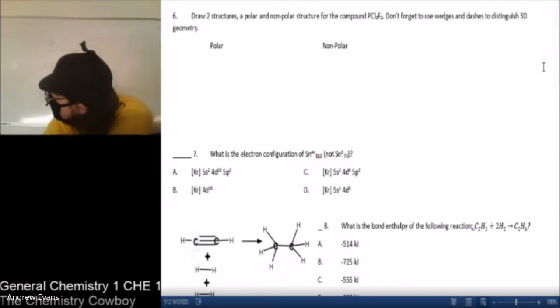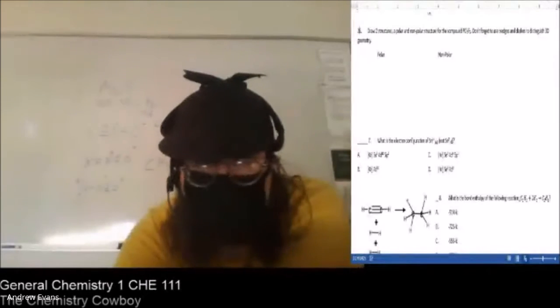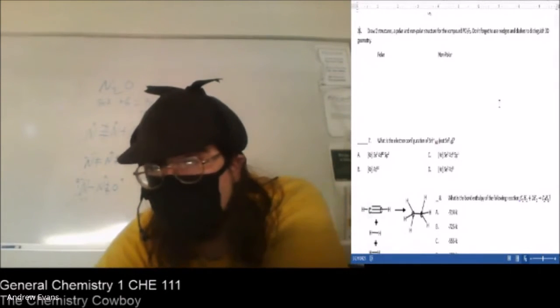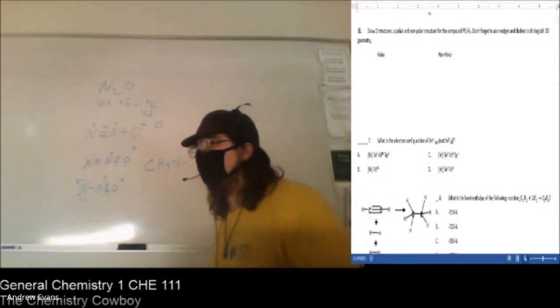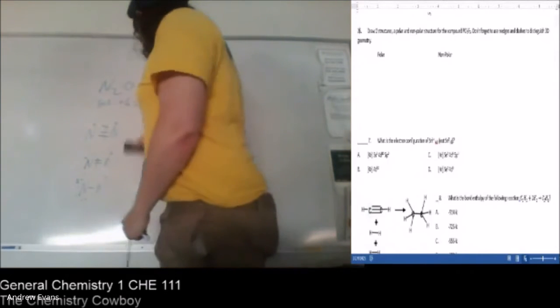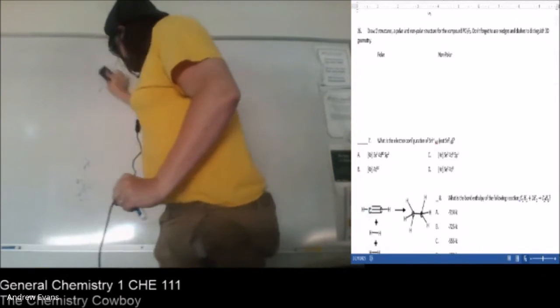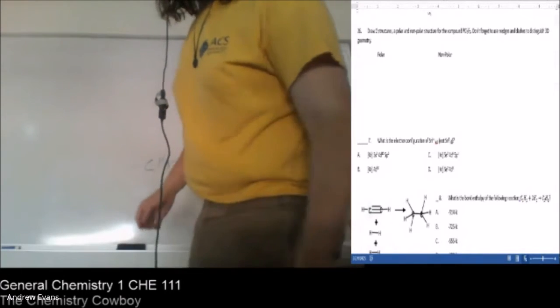This guy's going to be trigonal bipyramidal. There is a rule that essentially says if all the atoms are opposite, they cancel out. If the atoms are not opposite, it can very well be polar.